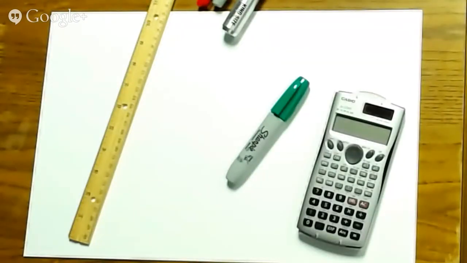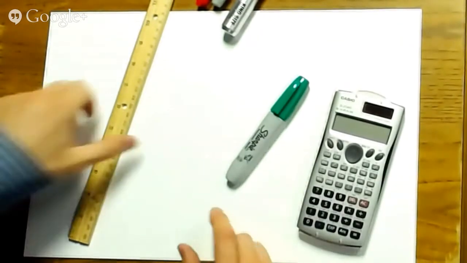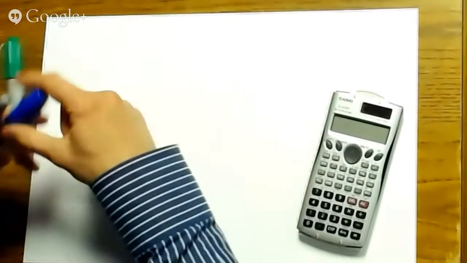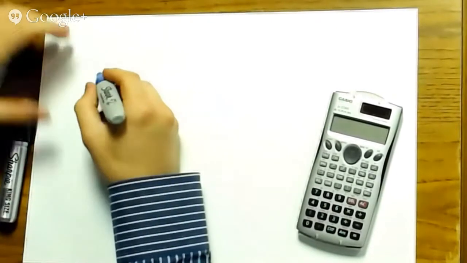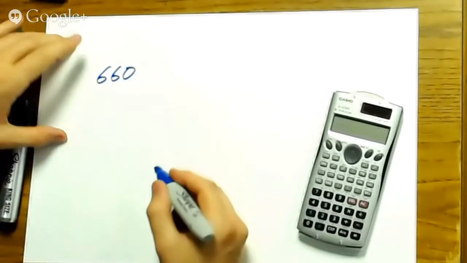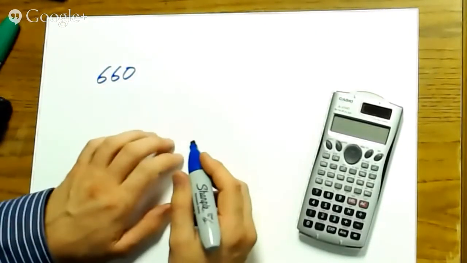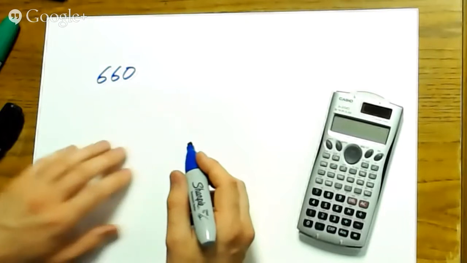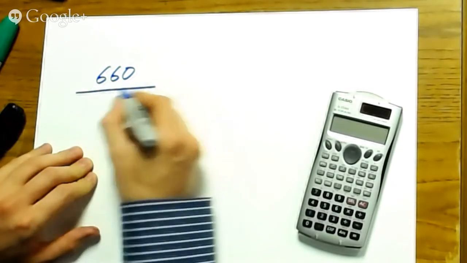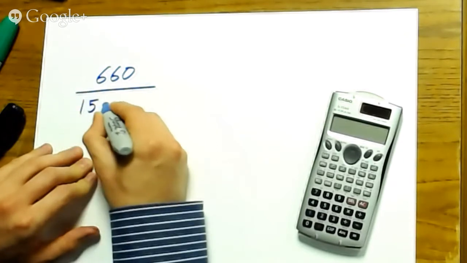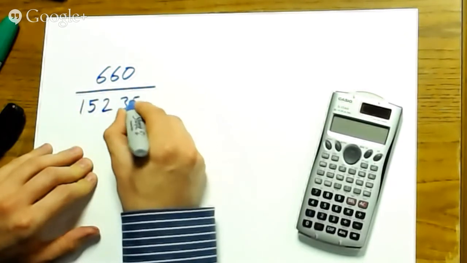So 660 units, that was if the Earth's orbit is 100,000. 660 units are when Mars's orbit is 152,350.